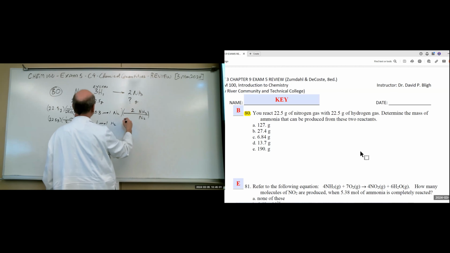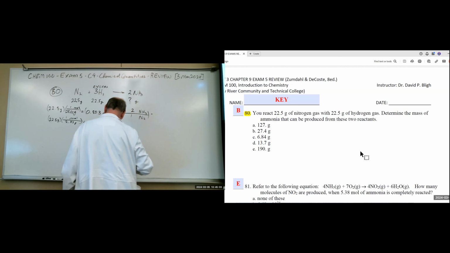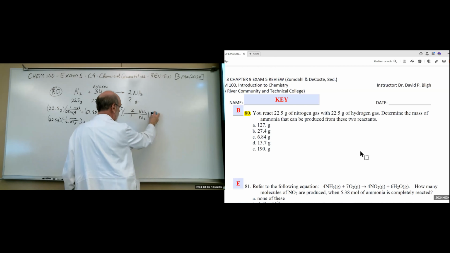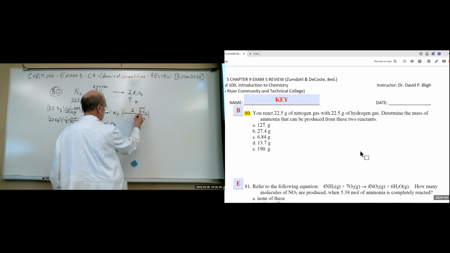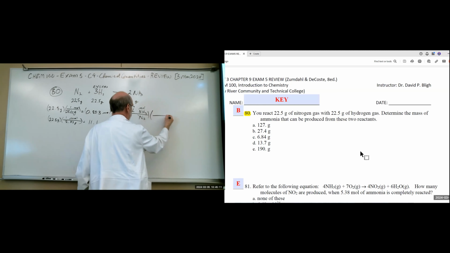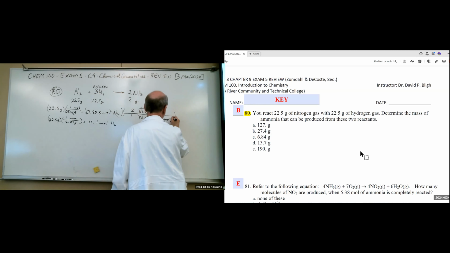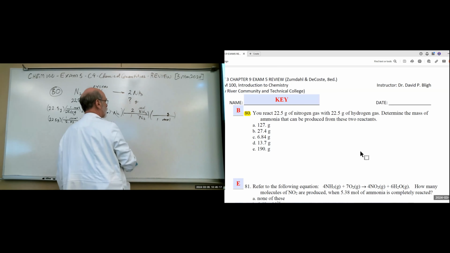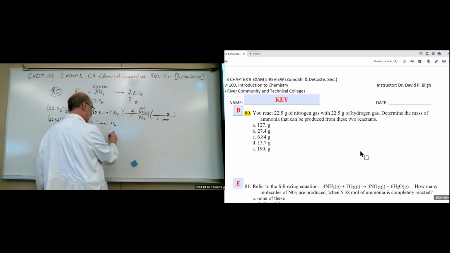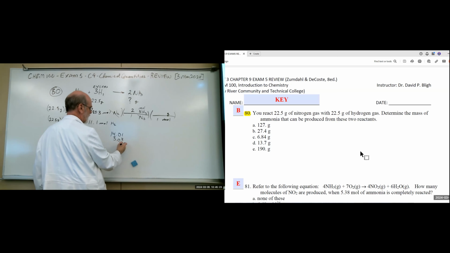That means we can go ahead with this calculation and find out how many moles of ammonia. Right, so we have 2 here, 1 there, and then also we can go ahead and convert, since we know moles of this, we can convert that to mass. We just need to know the molar mass of ammonia. Well, it's 14.01 for nitrogen and 3.03 for 3 hydrogens.